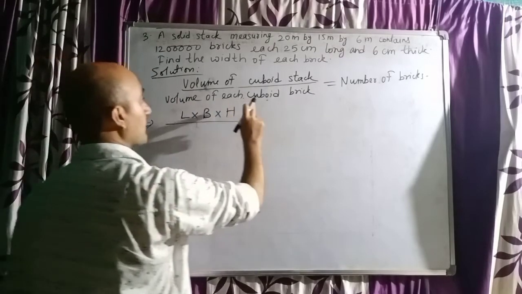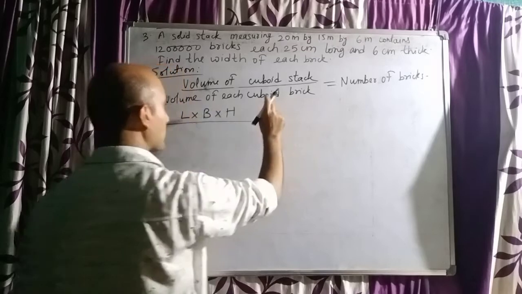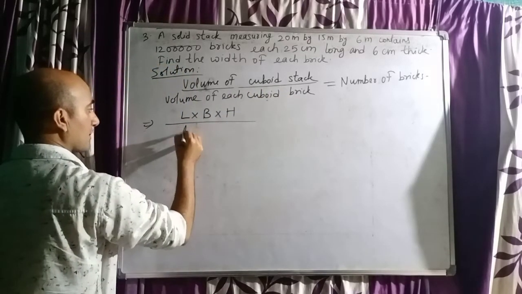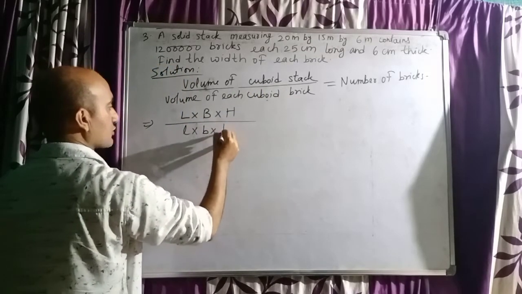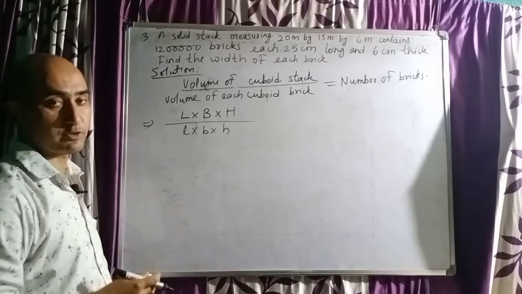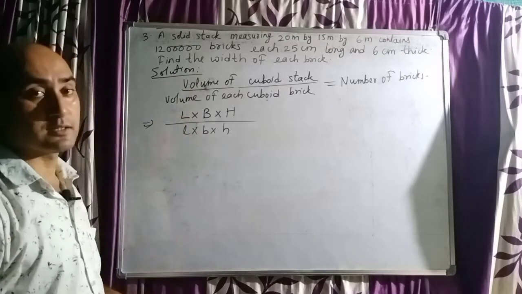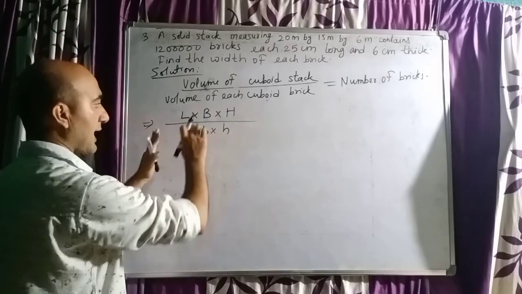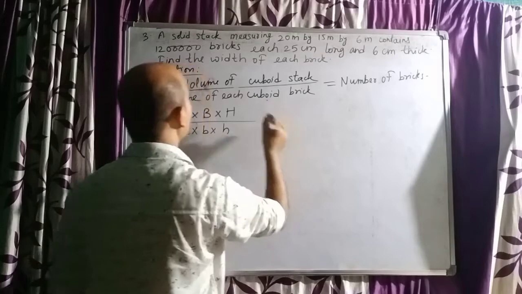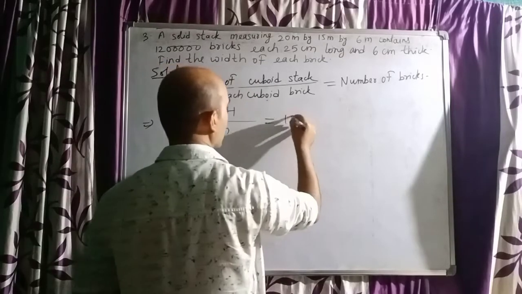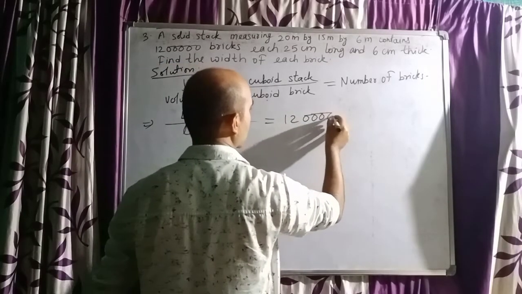And the volume of each cuboid brick is also a cuboid, so the volume formula will be the same, length into breadth into height, but let us use small letters for this because this is the larger shape and this is the smaller shape. As per the situation I am using the alphabet, and the number of bricks we have is 12 lakhs, 5 zeros.